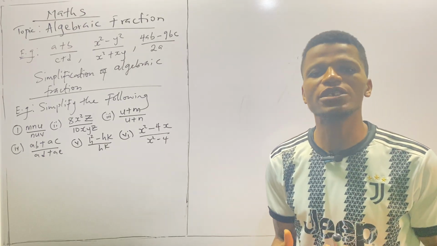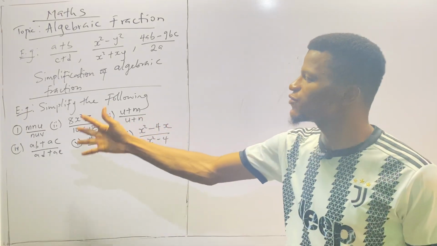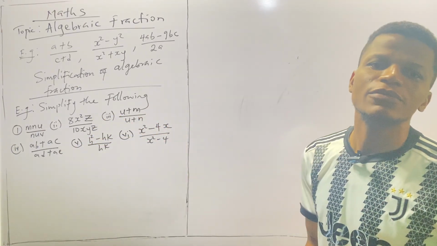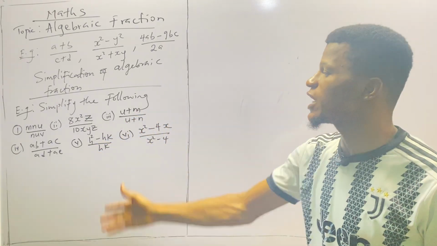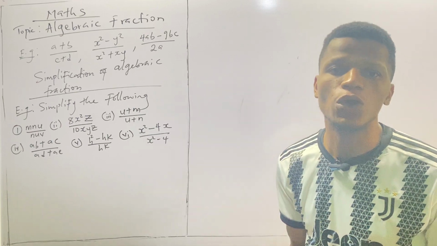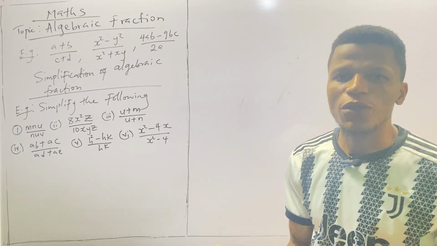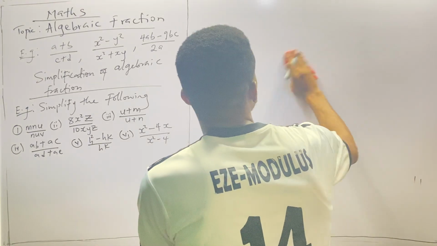So the solution should be the simplest form, right? So we are going to look at all these fractions and put them in their simplest form. Remember, these are algebraic fractions because they are fractions in form of algebra. That is, they have some mathematical terms, not necessarily numbers only, but a combination of numbers, alphabets, and symbols. All right, so let's go into details.